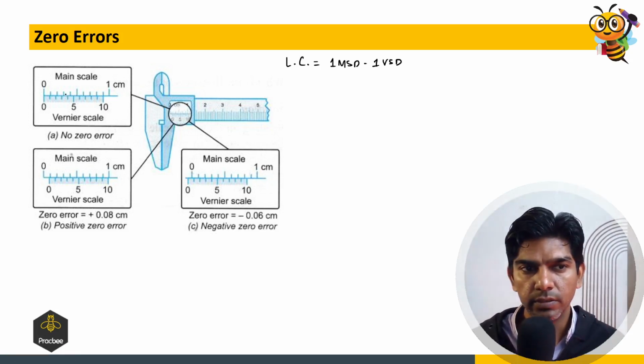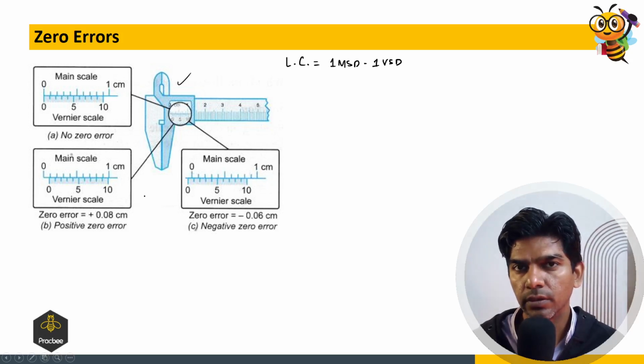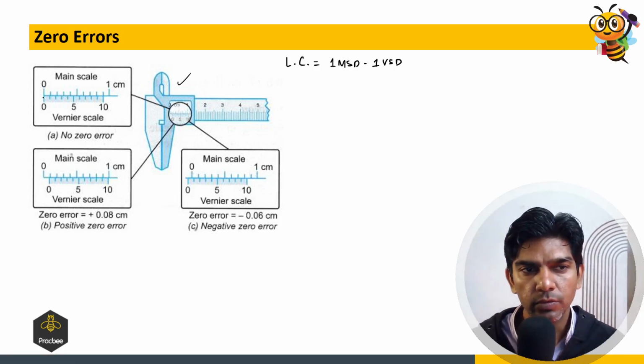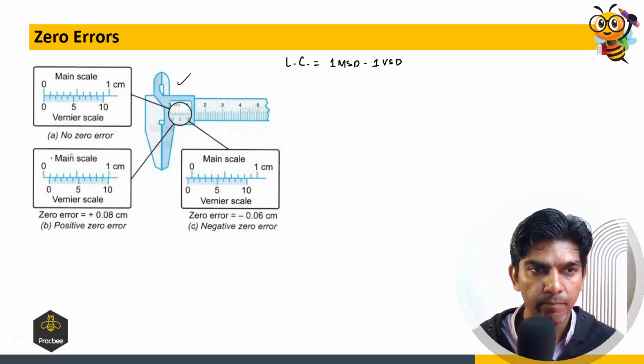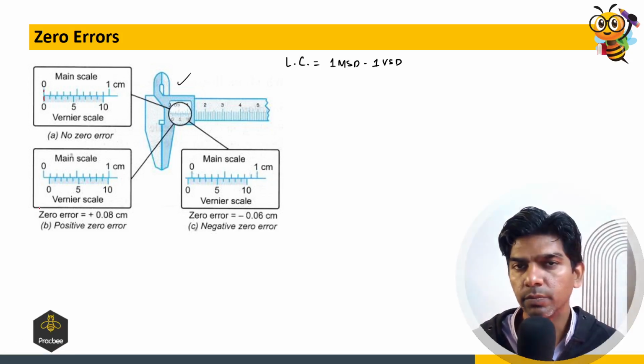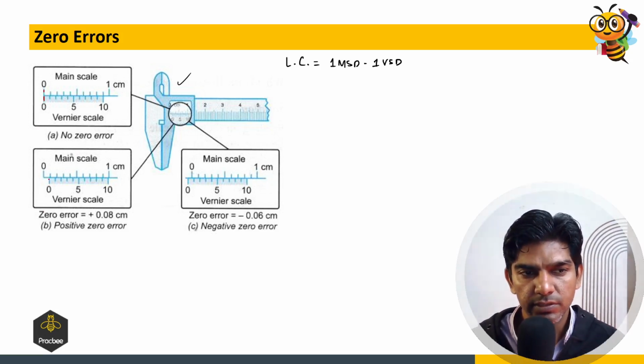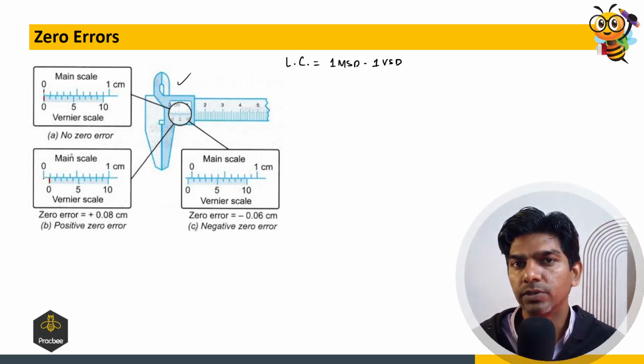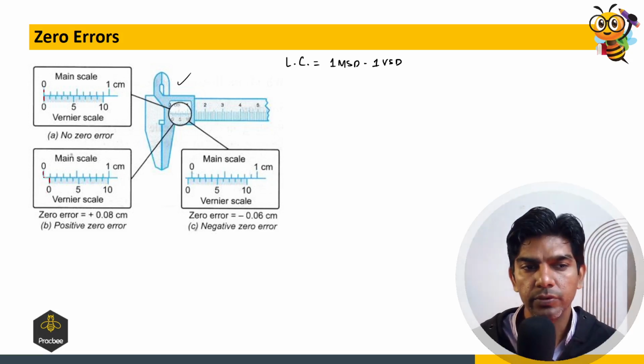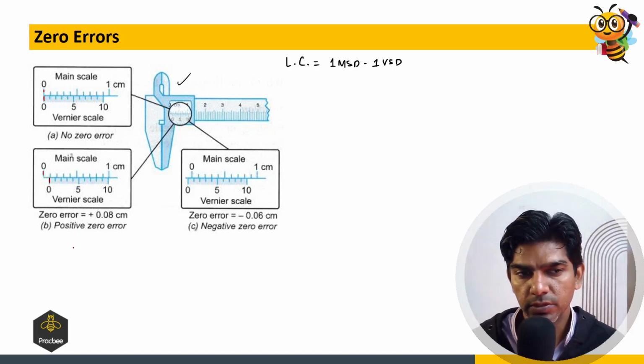And what is the zero error? When both the jaws of the instrument are locked together, when there is nothing between the jaws, if the zero of the Vernier scale is coinciding with the zero of the main scale, then we can say the zero error will be nil, right? But if the zero of the Vernier scale is to the right of the zero of the main scale, then there will be a positive zero error. And how can we find the positive zero error?